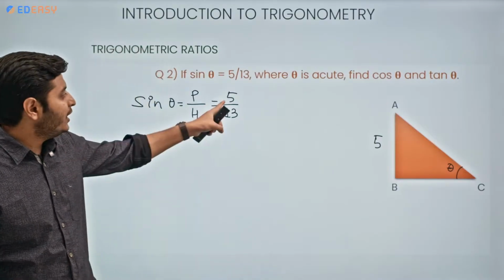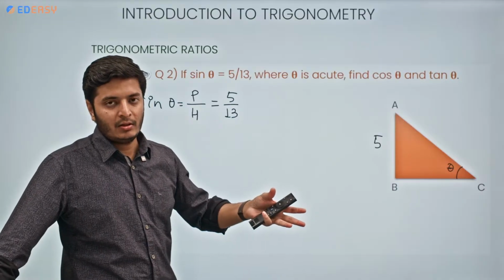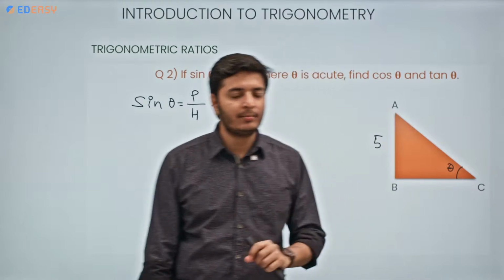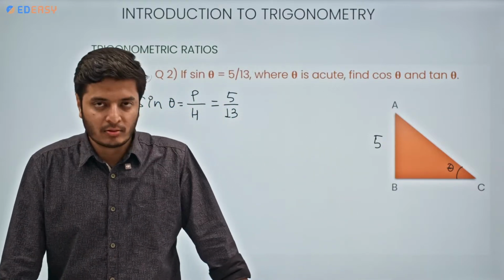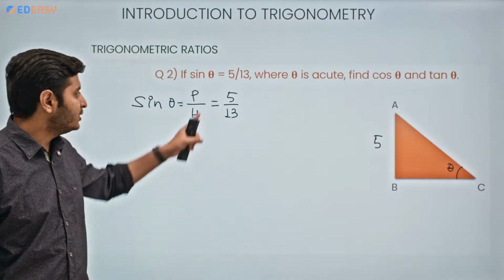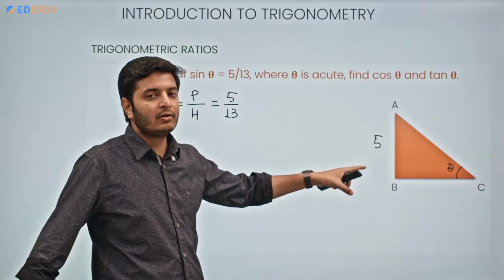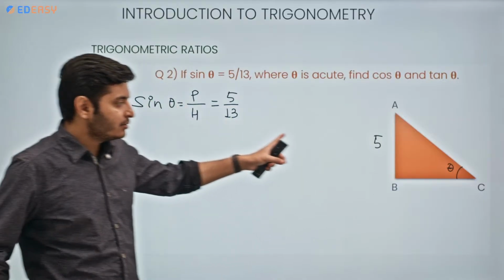Because this is not the exact length. It can be a simplified fraction. This is related to this perpendicular, but this is not the actual length. Or we are not sure that it is the actual length, but this is the ratio, no? So we can use 5, but we cannot write centimeter in front of it. Hypotenuse is 13.